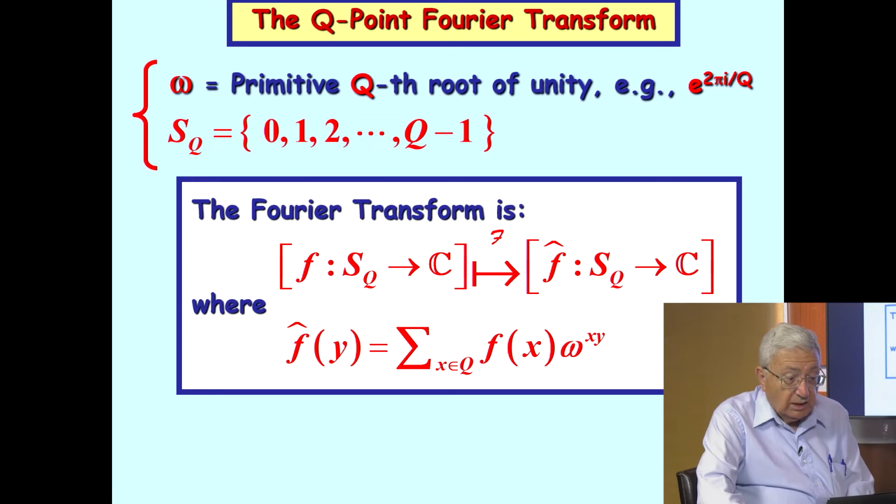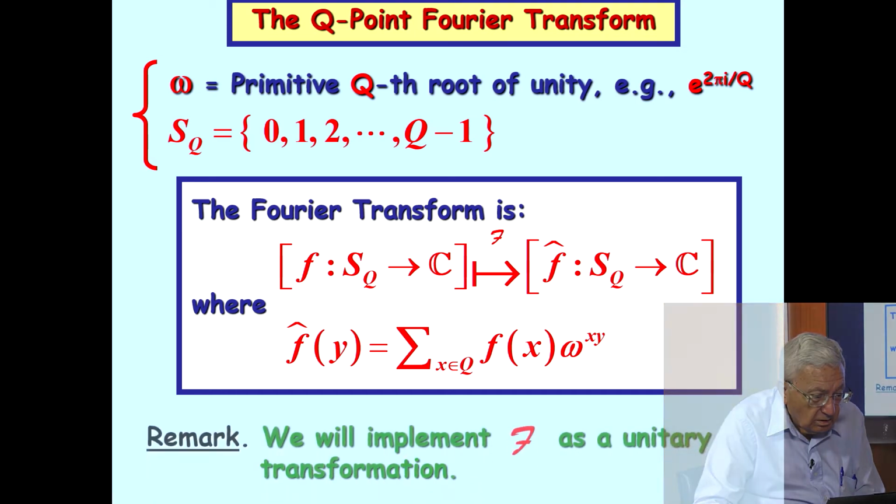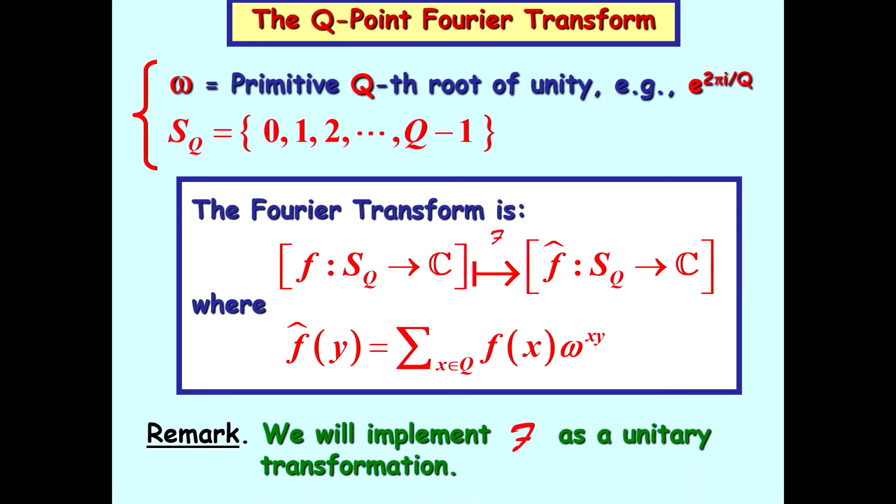You can see that the matrix omega to the xy, where x and y range over the integers, is the Fourier transform matrix. We will implement our Fourier transform as a unitary transformation, and luckily the Fourier transform is unitary. In fact, quantum mechanics depends on that fact.